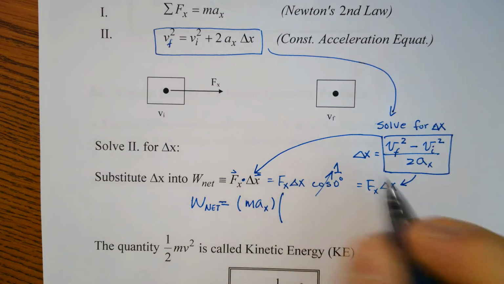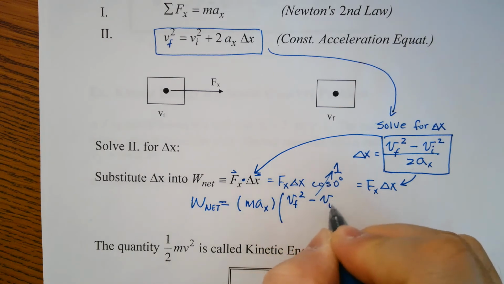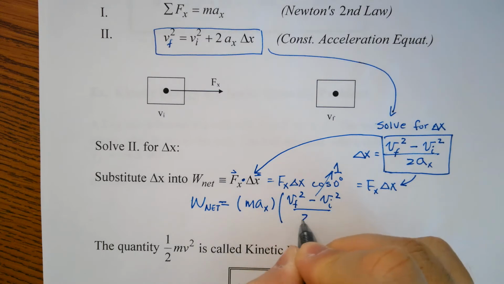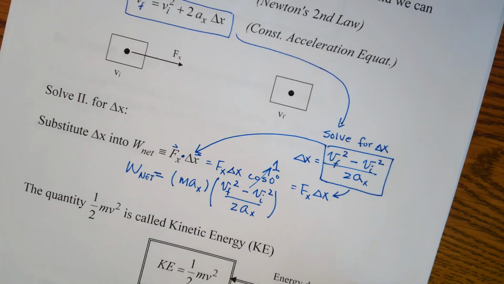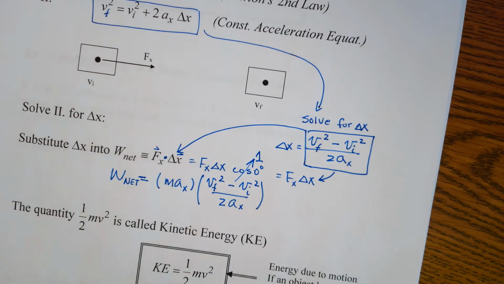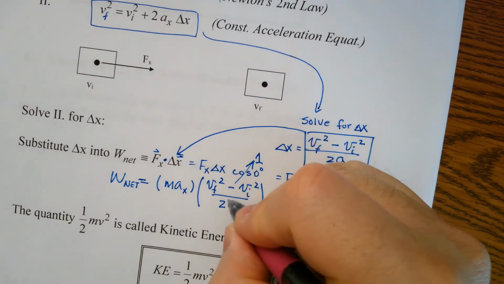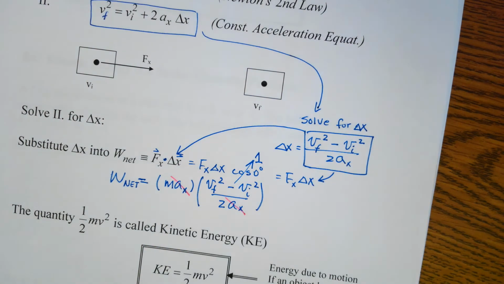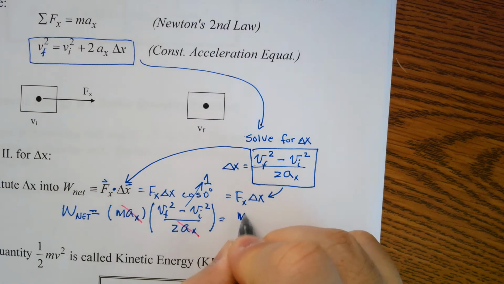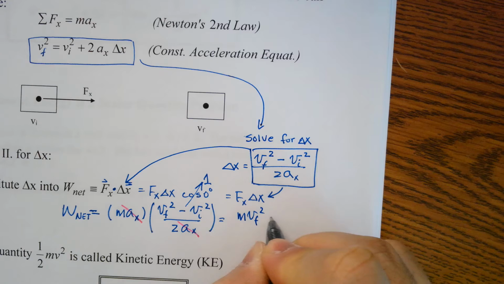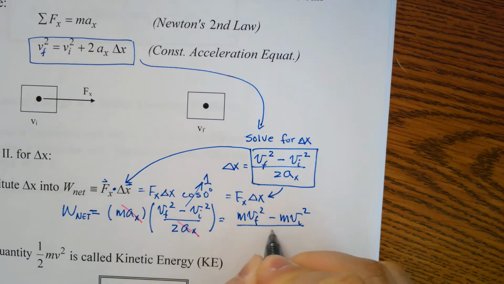Delta x is Vf squared minus Vi squared over 2ax. Look what happens to my ax. My ax cancels out, giving me m Vf squared minus m Vi squared, whole thing over 2.